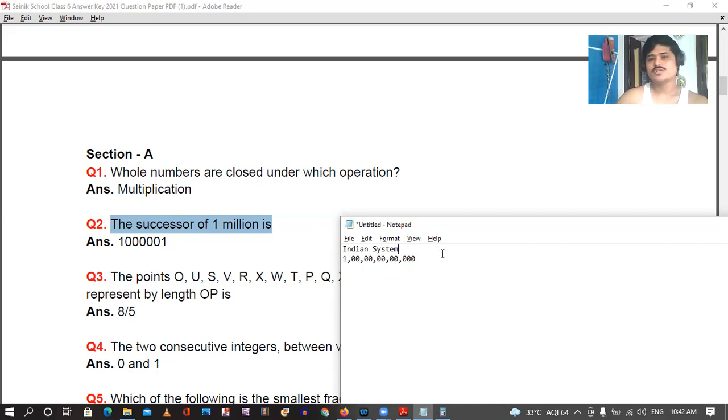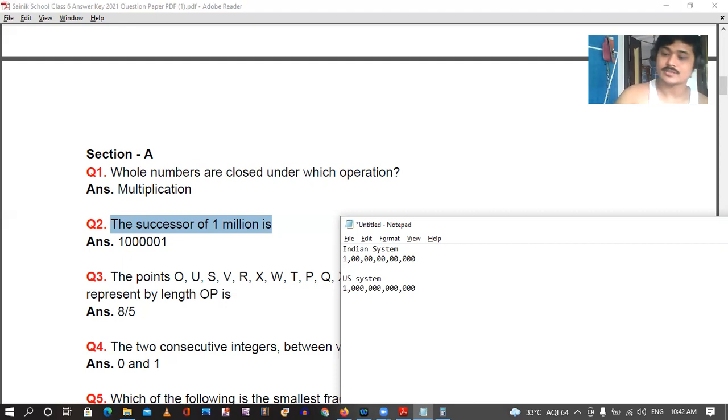But in the US system, the numbers are written something like this: ones, tens, hundreds, thousand, 10,000, 100,000, million, 10 million, 100 million, billion, 10 billion, 100 billion, and trillion.